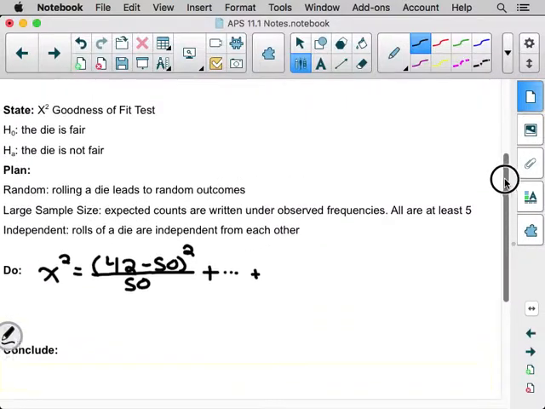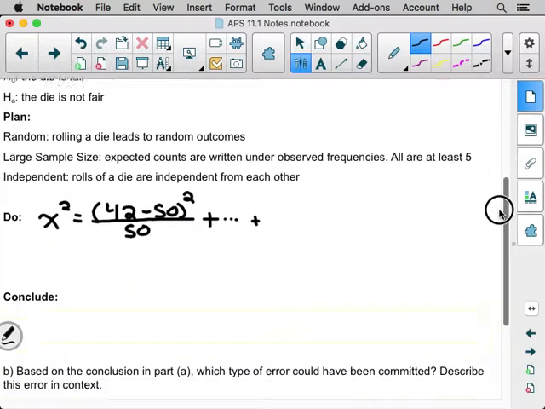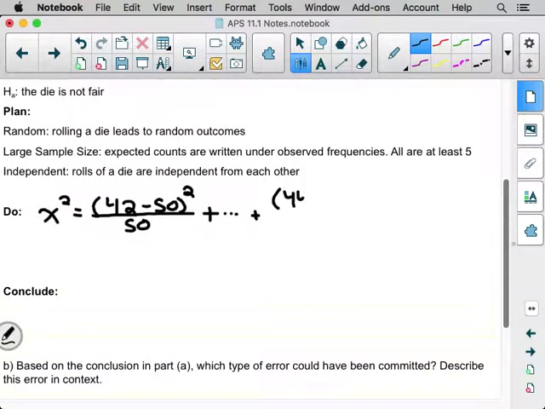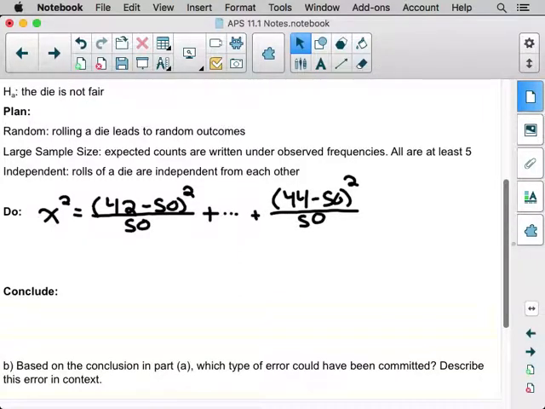So 6 came up 44 times when we would have expected it 50 times. So again, each of those represents the contribution of each number towards the overall chi-square test statistic, which again, you'll never actually have to calculate because doesn't the calculator do that for you, right?